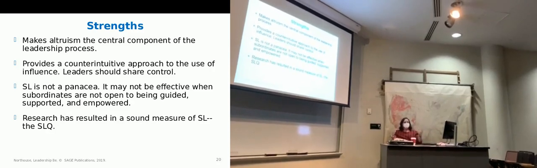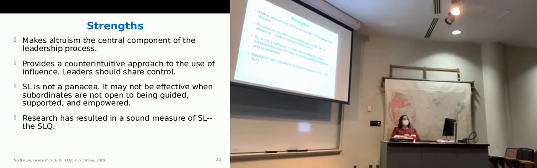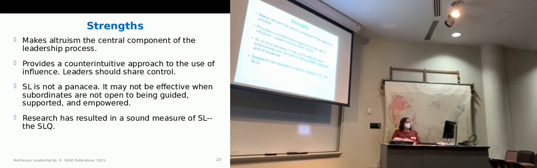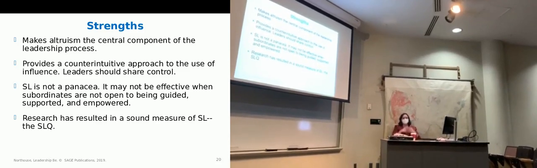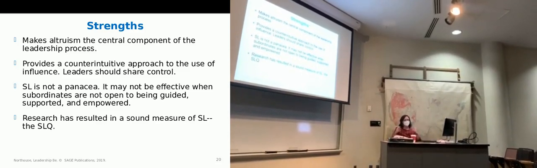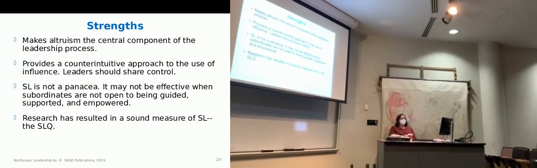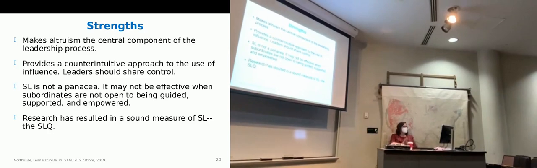Or we have utilitarianism, which is do what's best for the most people, which we tend to think of as connected a little bit sometimes with authentic leadership. But servant leadership is all about altruism, encouraging altruism, and really being the focus of how decisions are made, right?